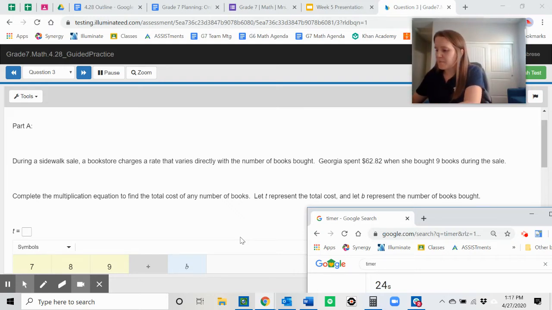I would expect that many of you are using a ratio table already. If you haven't thought of that yet, go ahead and draw your T-chart, put in the 2 labels you need, and put in the ratio you're given in the question.